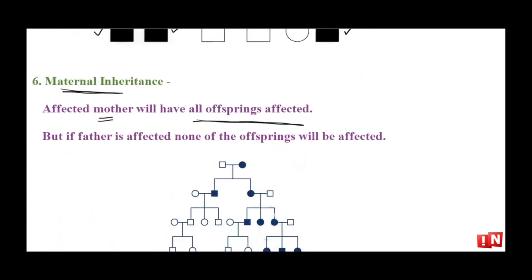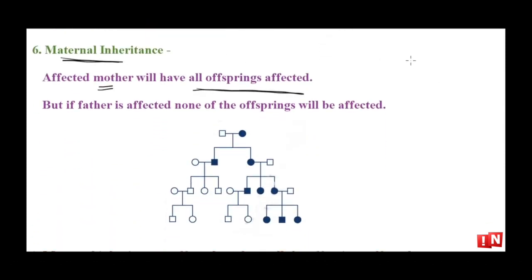But when it is maternal inheritance, whether it is male or female, they both are going to get it from their mother. So if the mother is affected, all her offspring will be affected. But if the father is affected, because of maternal inheritance, none of the offspring will be affected, because the father does not contribute to maternal inheritance.